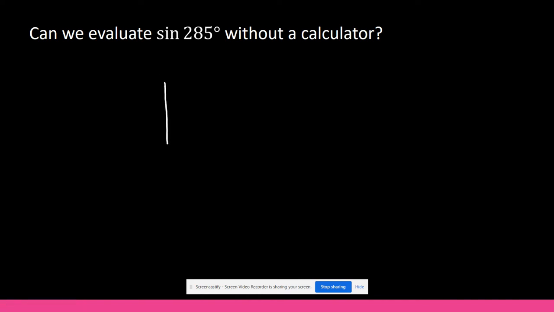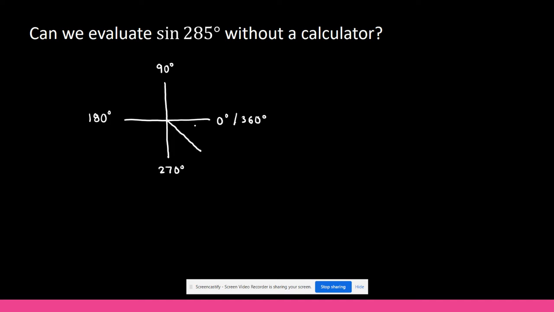So if we don't have our unit circle, once again, if we just try to do a quick sketch, 0 degrees, 90 degrees, 180 degrees, 270, and then the full circle is 360. Notice that in this case, 285 is going to fall in the fourth quadrant.